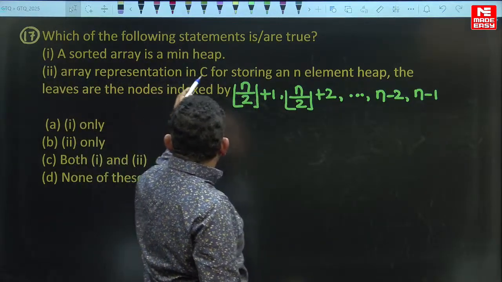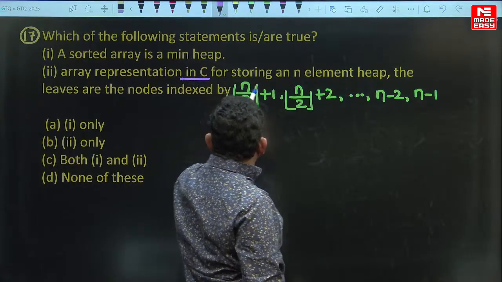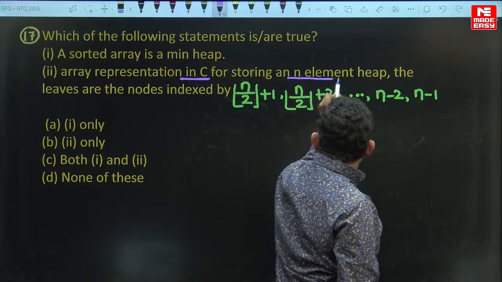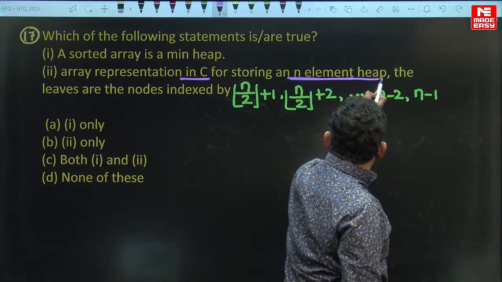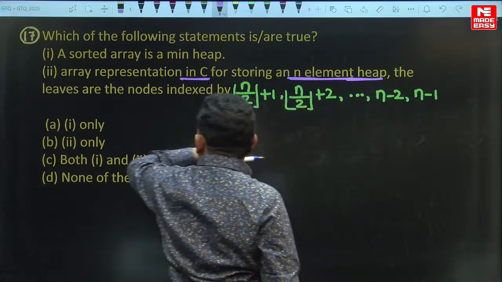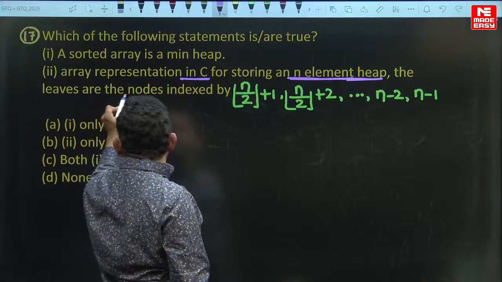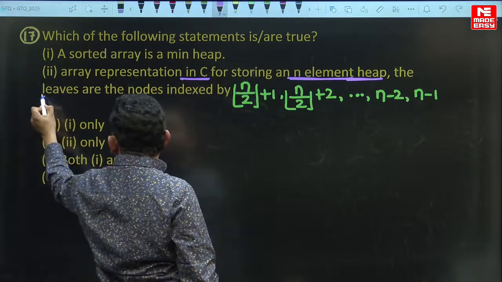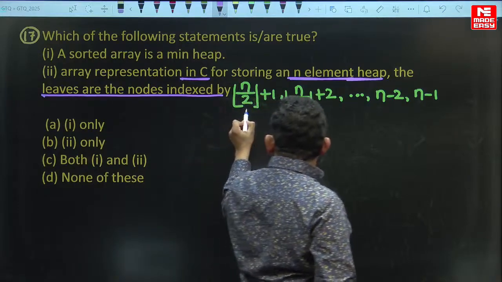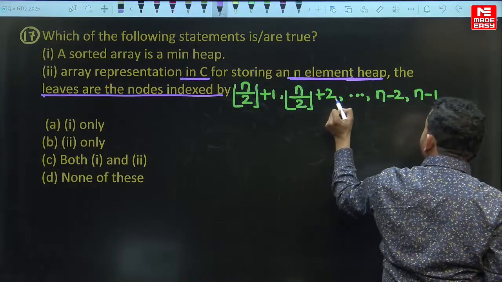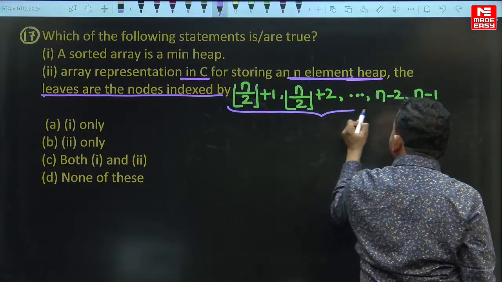And an array represented in C for storing n elements, an n-element binary heap: the leaves are the nodes indexed by floor of n by 2 plus 1, floor of n by 2 plus 2, and so on up to n minus 1. These are the leaf node indexes. Is it correct or wrong?